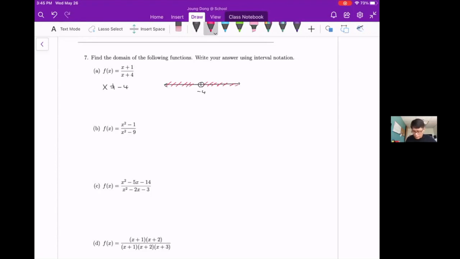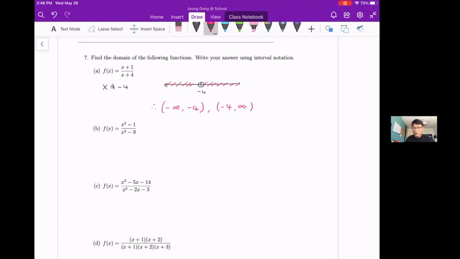So in interval notation, we can say the left part is from -infinity to -4, not inclusive, and -4 to infinity. I believe you learned it with the U notation, which is the union. But mathematically you don't have to write the union notation, just writing the intervals is fine, okay? So I would like to write it this way. That'll be fine.